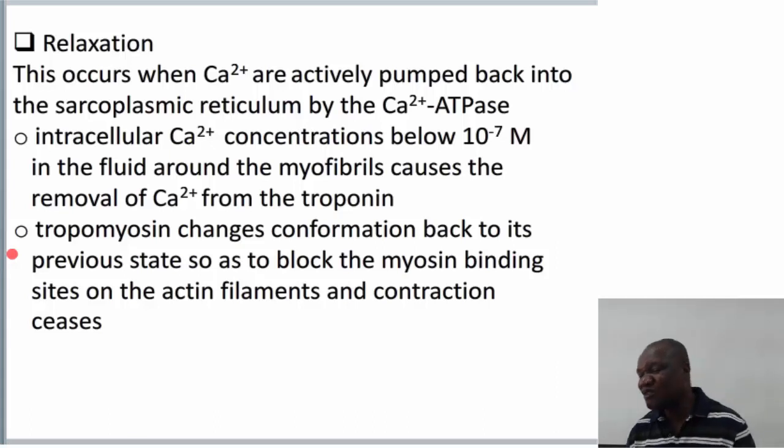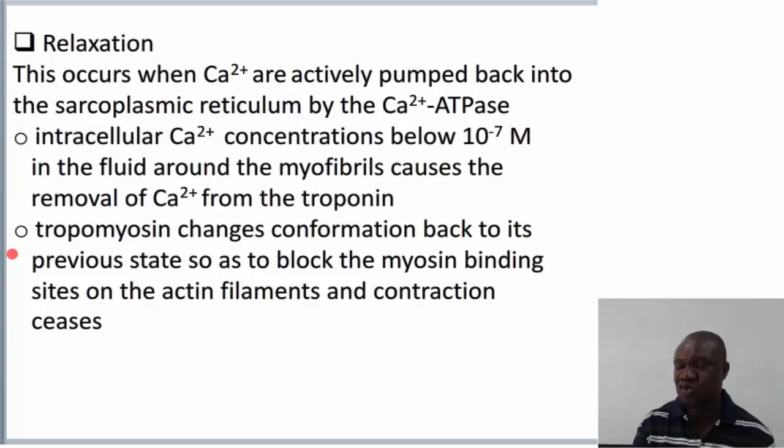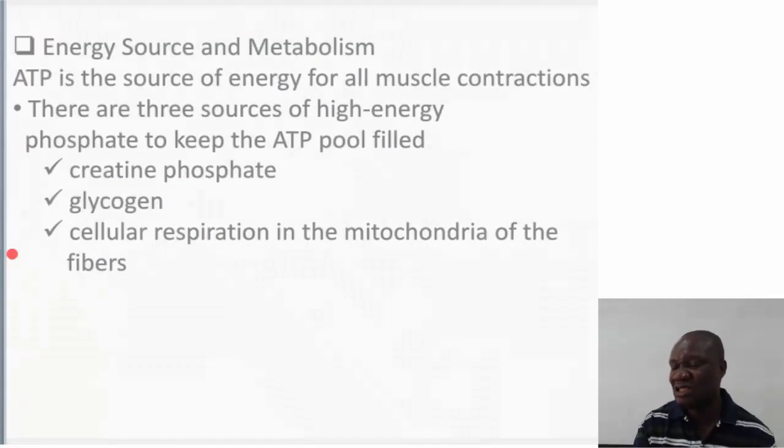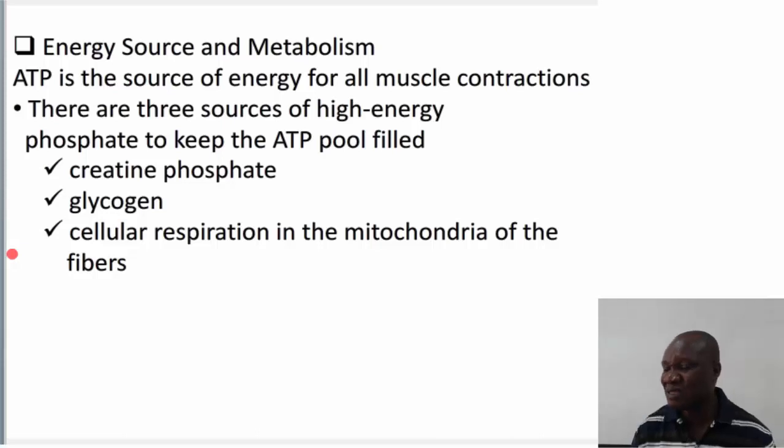Now, active movement of particles from a region of low concentration to a region of high concentration, as we saw, requires energy. So both contraction and relaxation require energy.